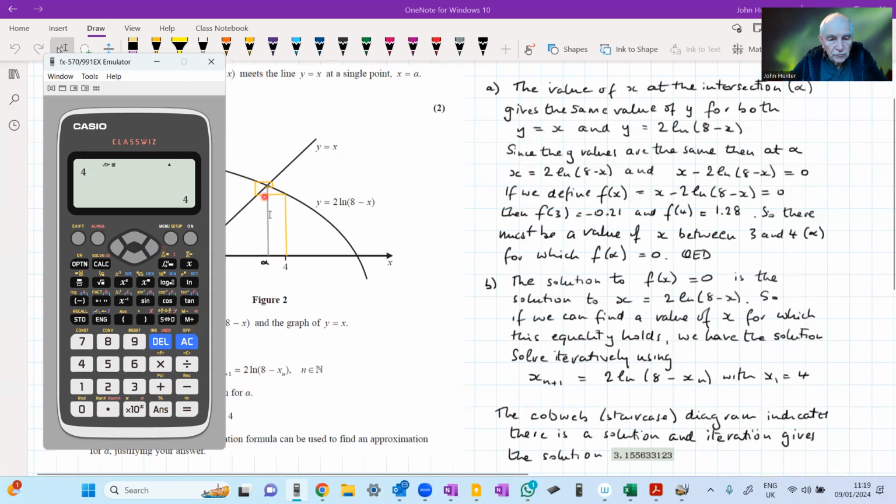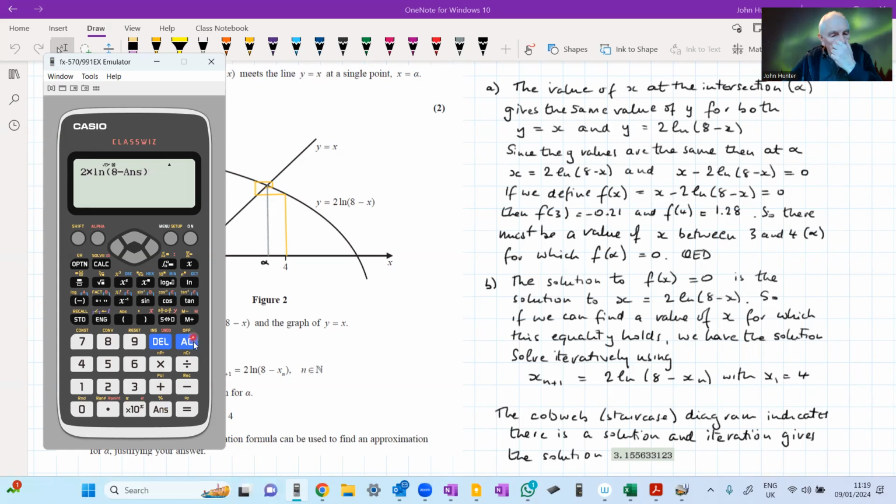And now we're going to put this formula in, which is 2 natural log of 8 minus x. So 2 times the natural log of 8 minus, well, what we want is the answer, of course.